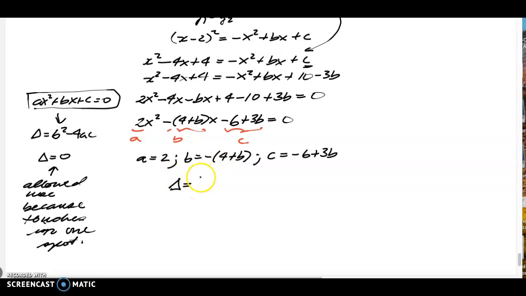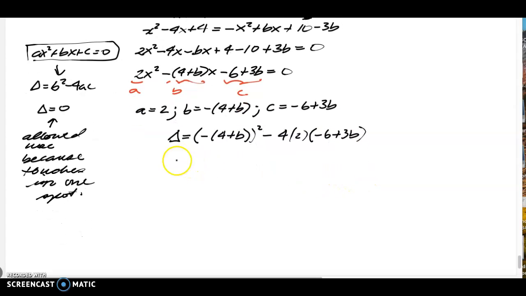Delta. Now my b is actually this. So minus this. That's my b squared. Minus 4. What's my a? Well, it's 2. C is minus 6 plus 3b. This means, and I know the delta is going to be 0, because it only touches, so that's what I'm using.